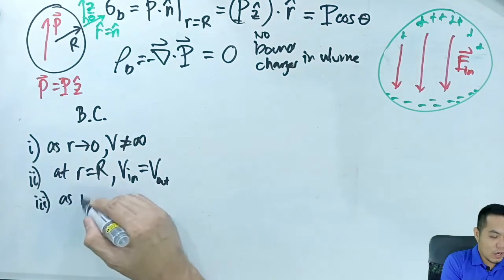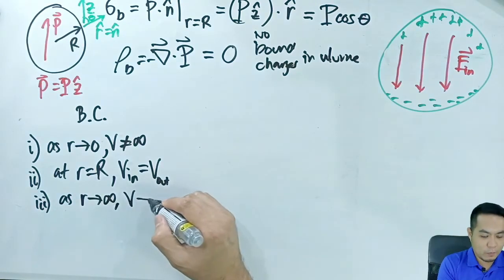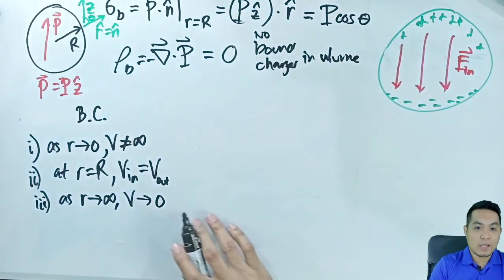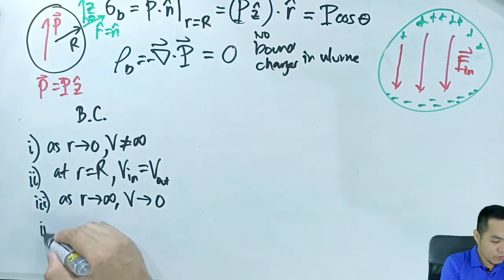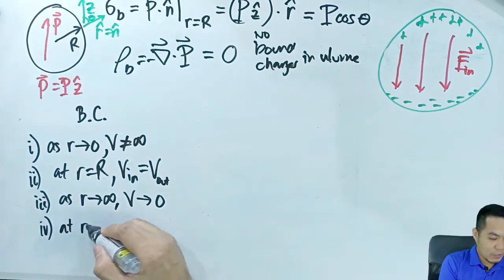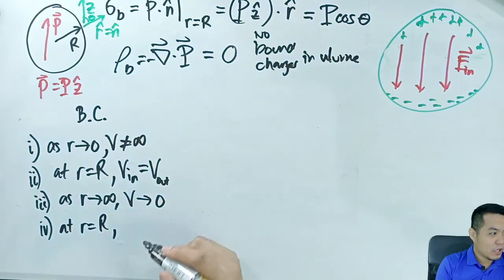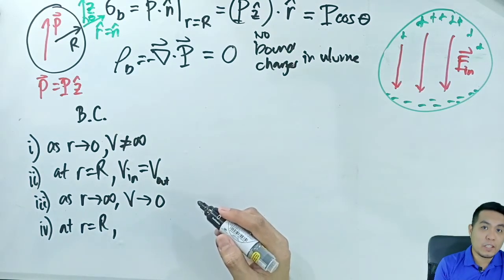As r approaches infinity, the potential must approach 0. Since there's no electric field outside, the potential outside as r approaches infinity must be equal to 0. And at the boundary, at r equal to R, there will be a discontinuity in the electric field, or in the derivative of the potential.